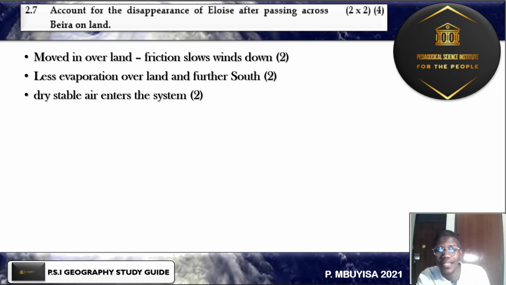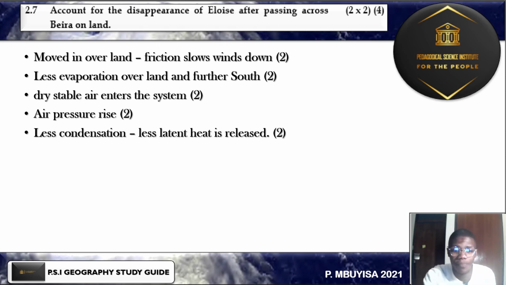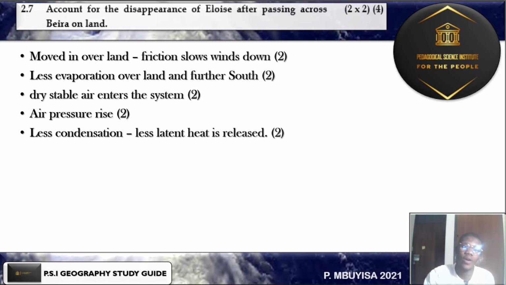We have dry, stable air entering the system. We have the air pressure rising because the interior is colder than the ocean floor that is warm. Again, we have less condensation, so less latent heat is going to be released. So those are some of the reasons that you have.